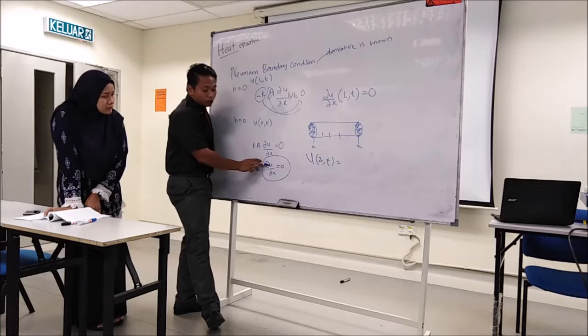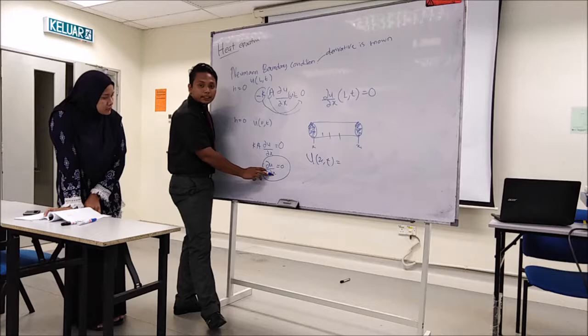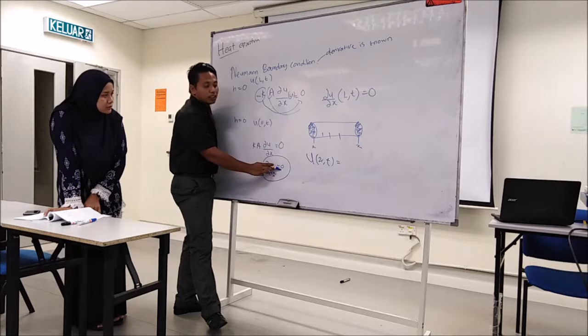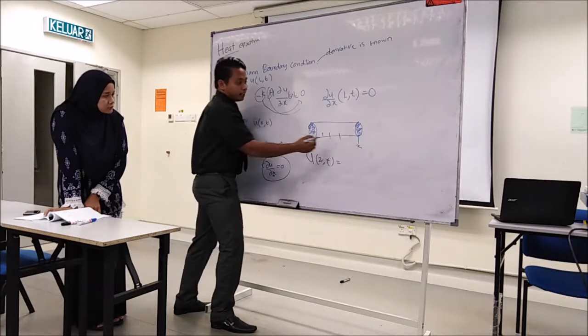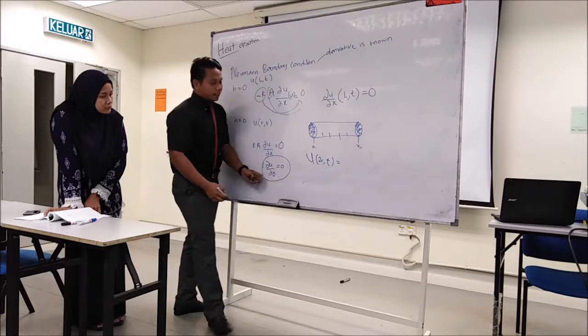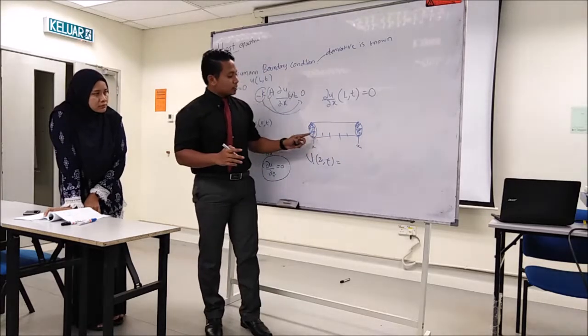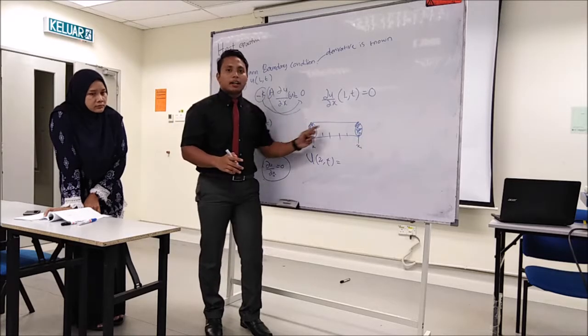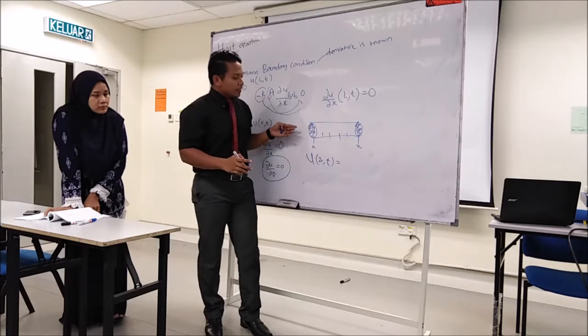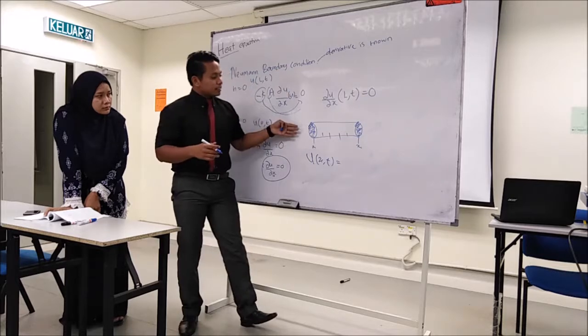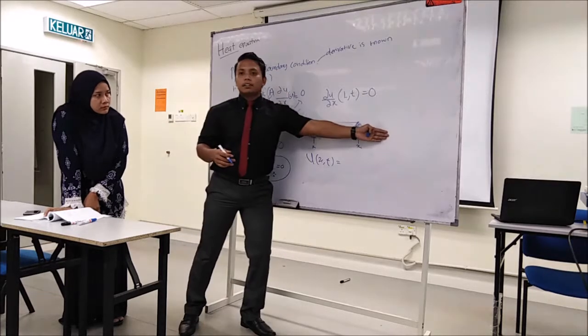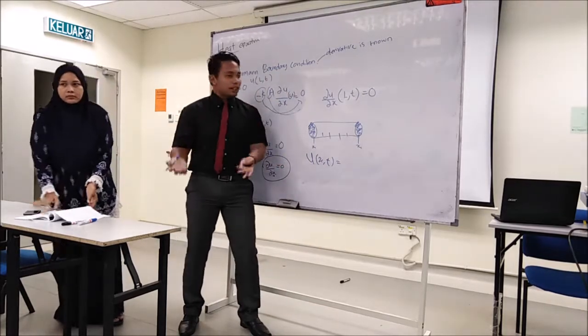Because change of U, change of temperature with respect to change of position, x is position, is now 0. So we can now say that temperature here, and here is constant because at the end both of them are insulated. So there is no in previous case heat in and heat out, but now there is no heat in, there is no heat out.